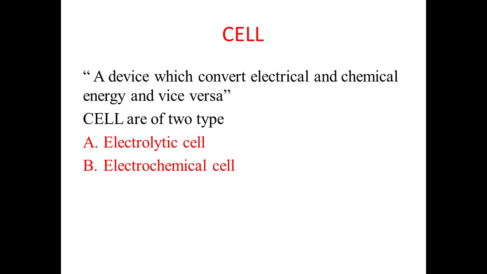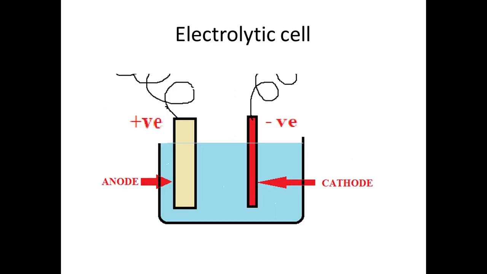So if we see a typical example of an electrolytic cell, the diagram of the electrolytic cell you can see here. In case of an electrolytic cell, both the electrodes are dipped inside a common container.